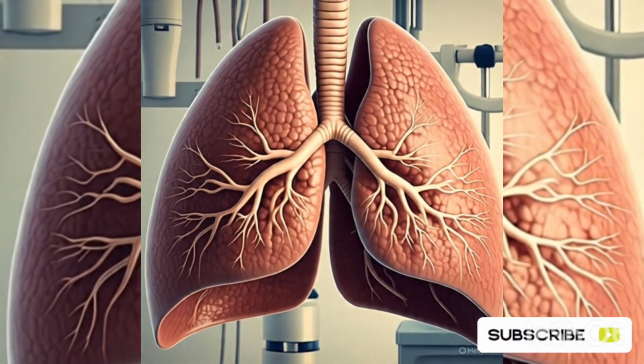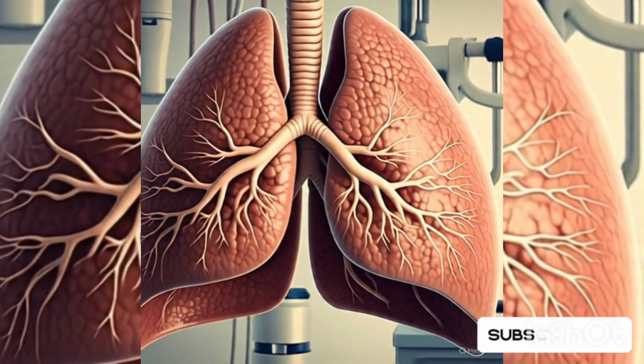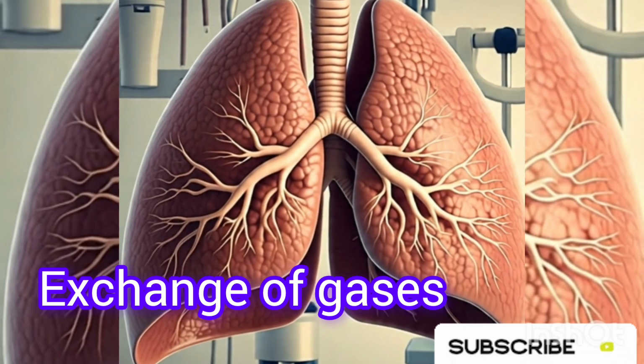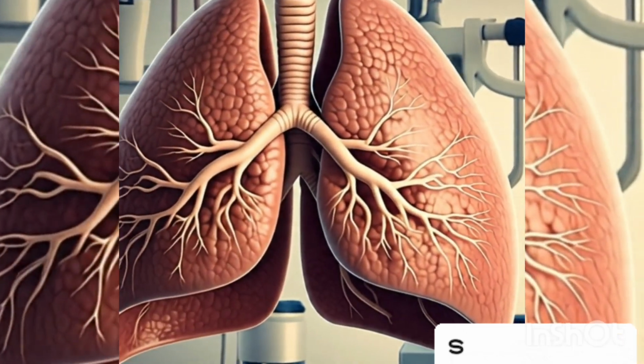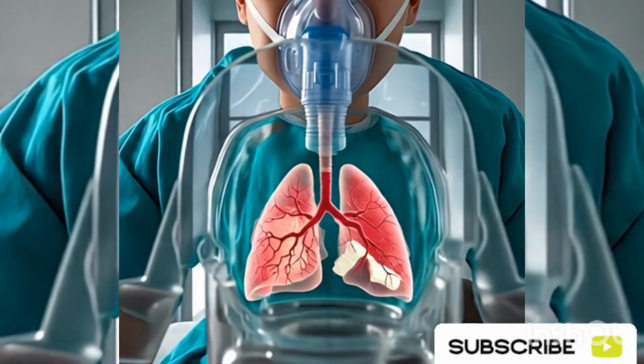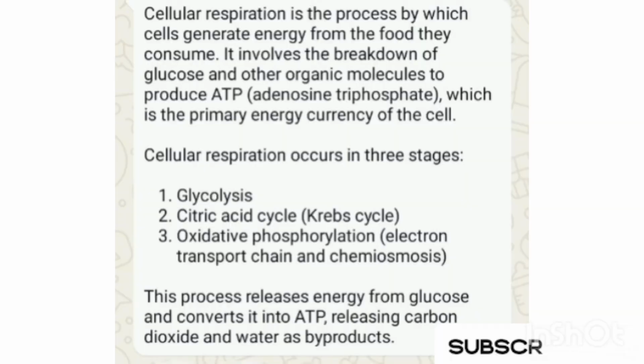We all know that exchange of gases takes place in our lungs, isn't it? We take in oxygen and we breathe out carbon dioxide, isn't it? So, cellular respiration. What do you mean by cellular respiration? The living organisms will respire by utilizing the oxygen which they breathe, and along with that the food gets digested during the digestion process.